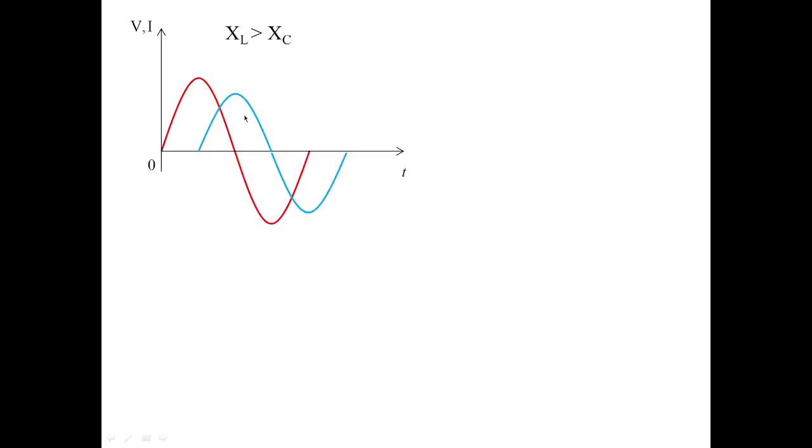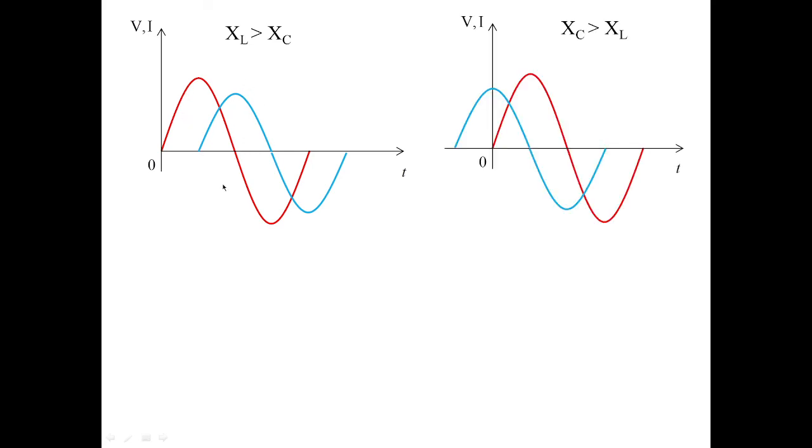Now from our previous classes, we know that when inductive is dominating the RLC circuit, it becomes an RL circuit. In an RL circuit, voltage will dominate the current. Therefore, voltage leads current by 90 degrees. Similarly, in capacitive dominating network, that is RC circuit, current will lead voltage.